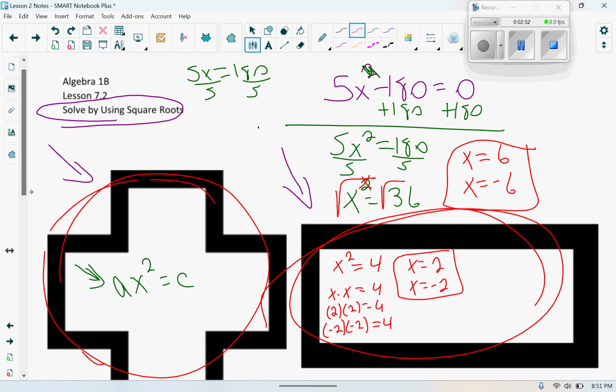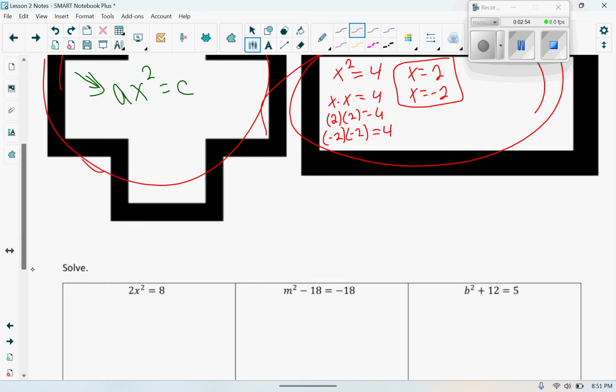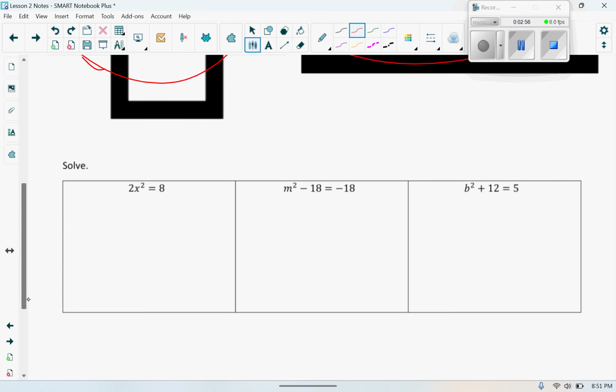But these are going to get a little bit more complicated as we go along. So let's try this. Remember, forget about the squared right now. So if I said, how would you solve for x? I'm going to divide by 2. I'm going to bring the x squared back in. So I have x squared is equal to 4.